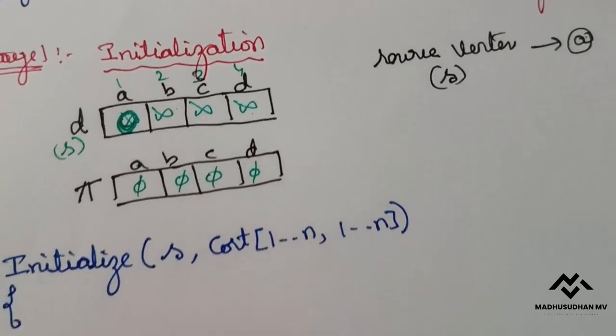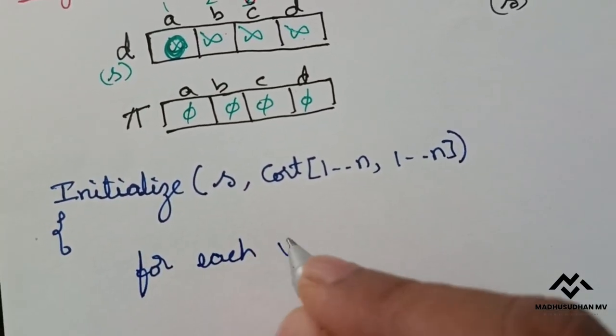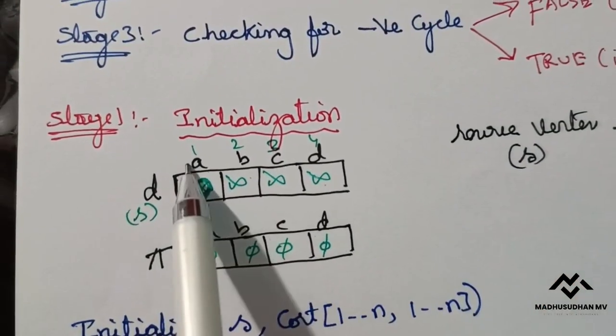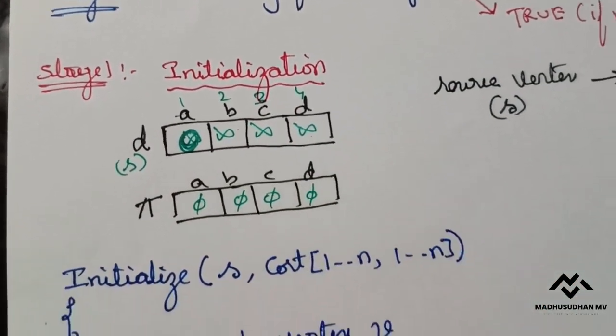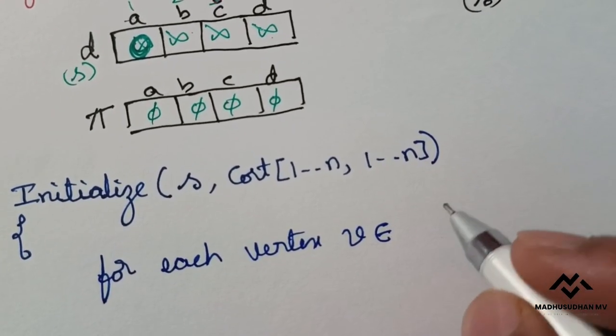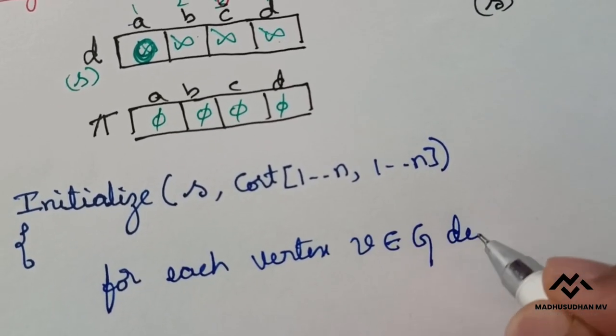So what I will write: for each vertex v belongs to our graph, what we need to do?